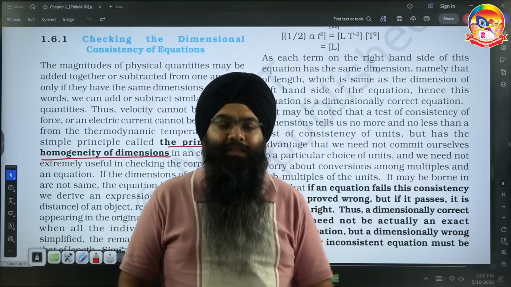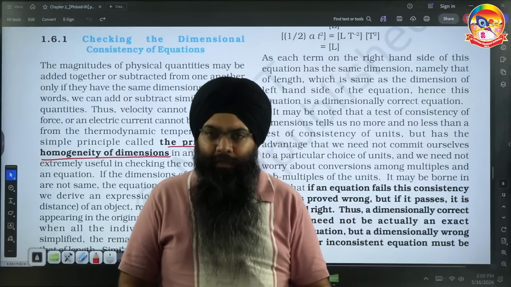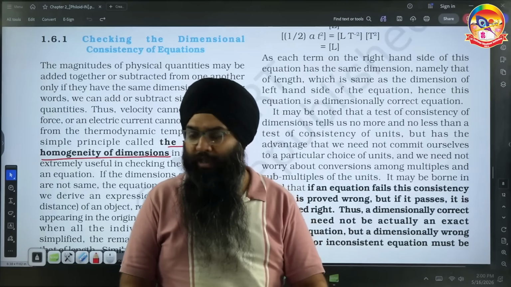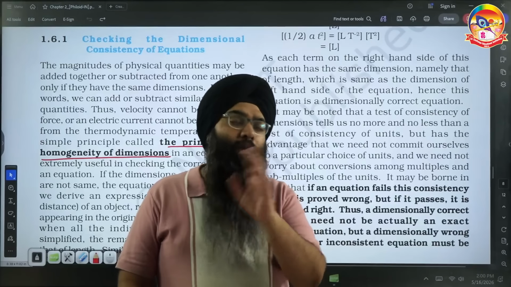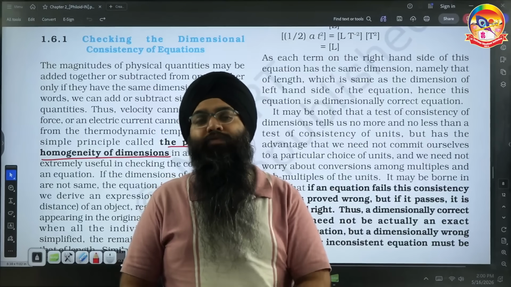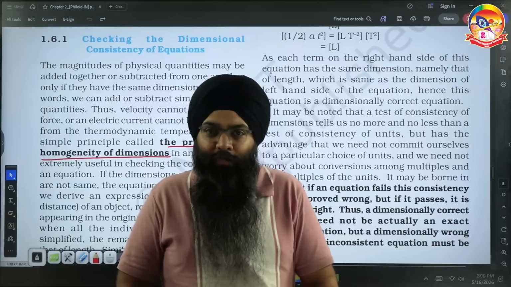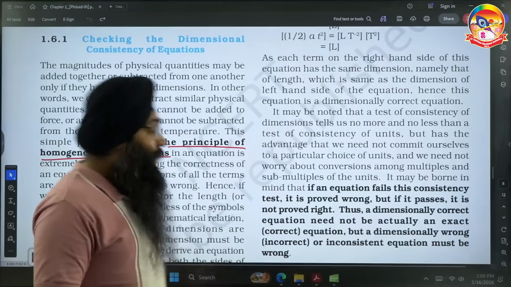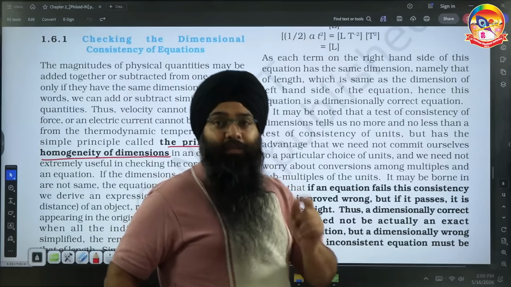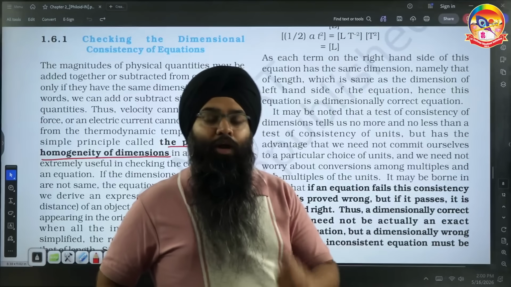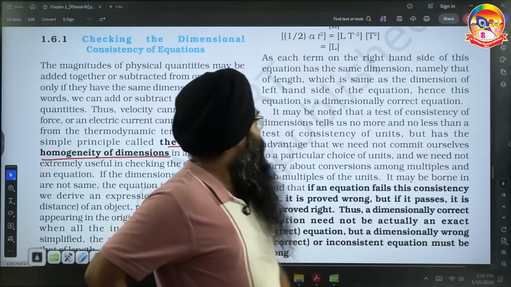But it is not necessary that two quantities which are being multiplied or divided should have the same dimensions. For multiplication and division, there is no problem. You can multiply or divide any two quantities which have different dimensions. But for addition or subtraction, you have to remember that they can be added only when they have the same dimensions.